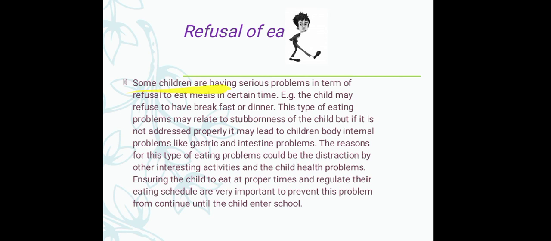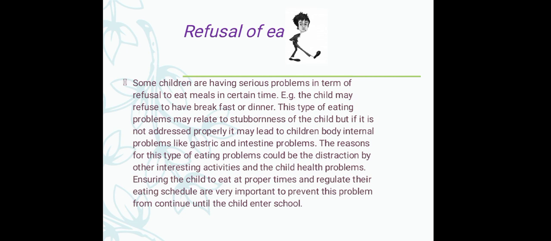Some children have a serious problem in terms of refusal to eat meals at certain times. For example, the children may refuse to have breakfast or dinner. This type of eating problem may relate to stubbornness of the children, but if it is not addressed properly, it may lead to children's body internal problems like gastric and intestine problems.